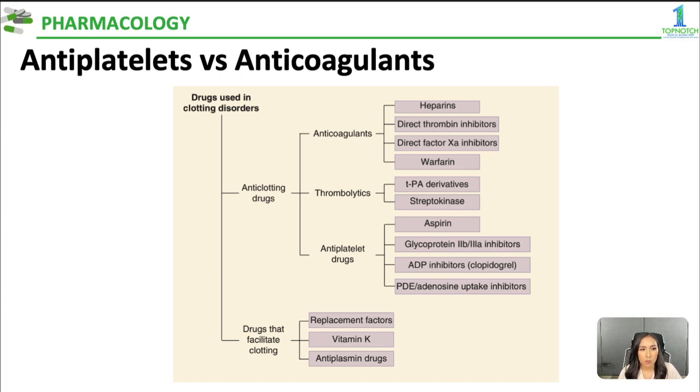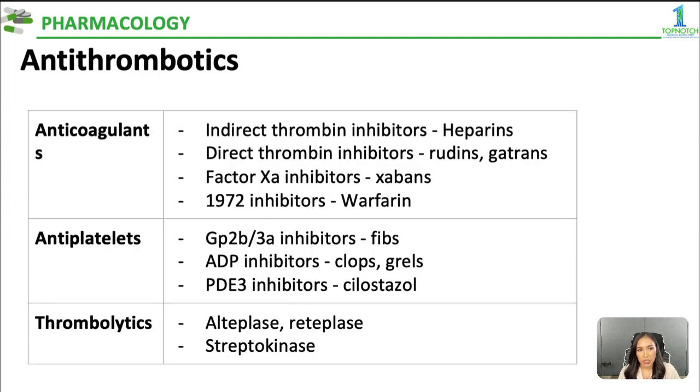So this is a table or a graphic from Katzung which summarizes drugs used in clotting disorders pretty well. Let's discuss antithrombotics. Anticoagulants include indirect thrombin inhibitors like heparins, direct thrombin inhibitors like rudins and gatrans, factor 10A inhibitors, yung mga xabans, apixaban, and factor 1972 inhibitors, which include warfarin.